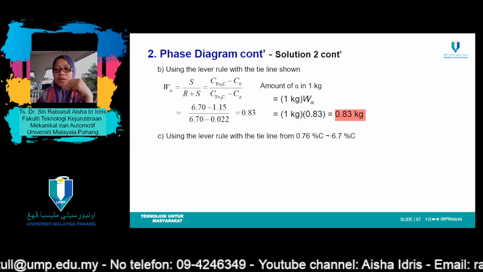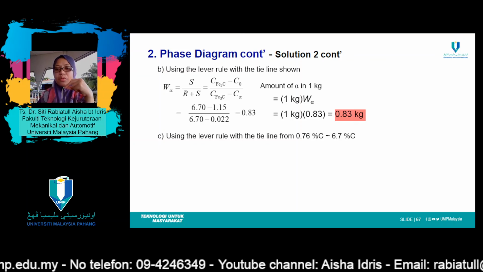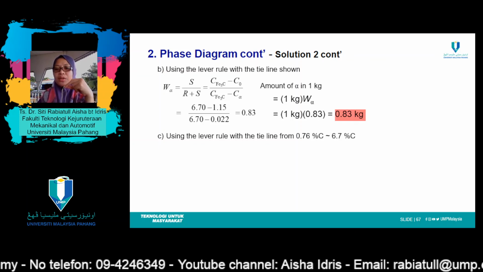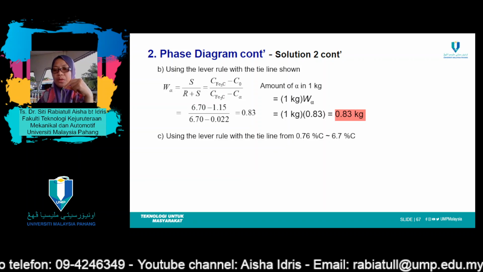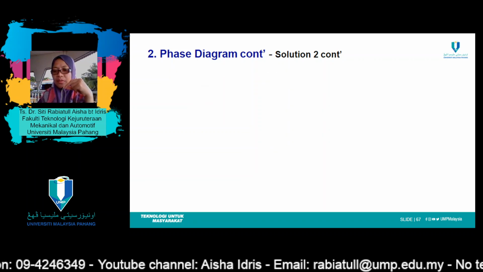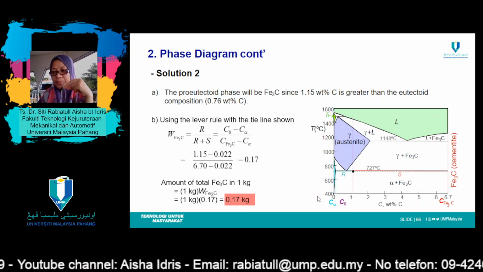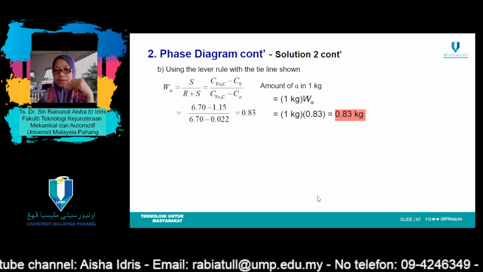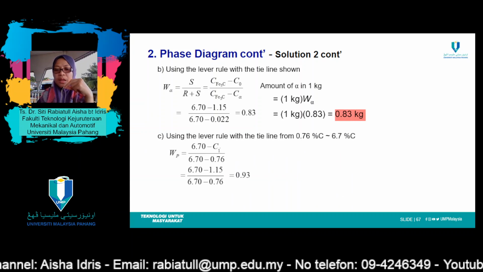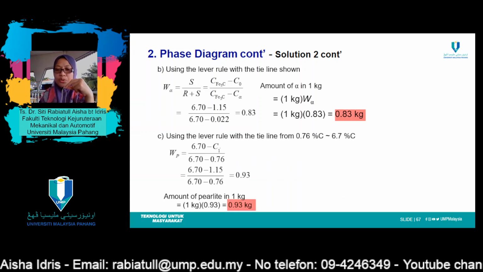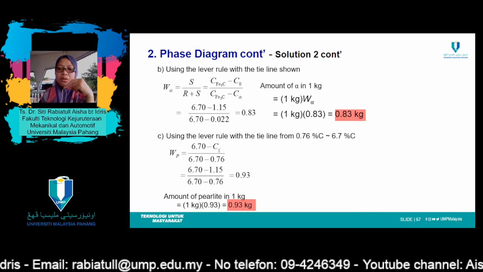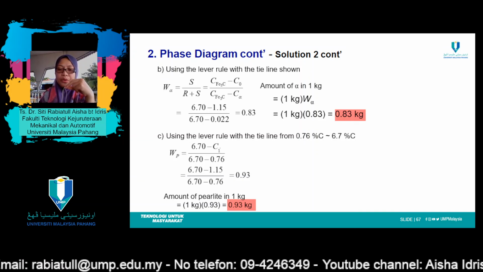For number 3, same, use the lever rule with the tie line 0.76 to 6.7. From here until this point, that is the tie line. Apply the same formula, and you should be able to get the amount of pearlite equals 0.93 kilogram.